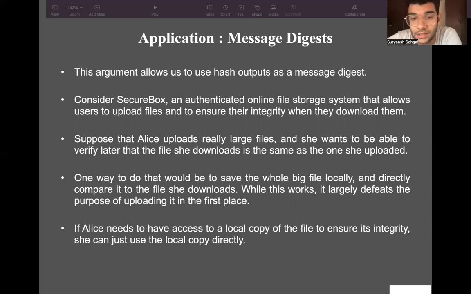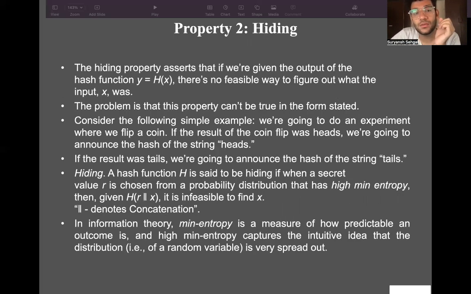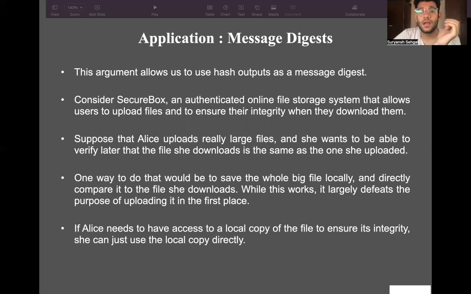One way to do that is to save the whole big file locally and directly compare it to the file she downloads. While this works, it largely defeats the purpose of uploading the file in the first place. If Alice needs to access the local copy of the file to ensure its integrity, she can use the local copy directly.